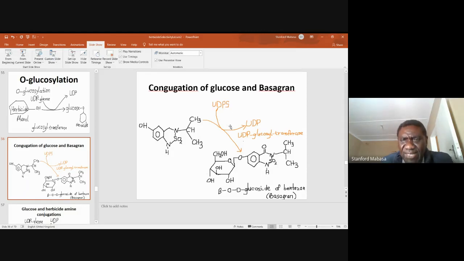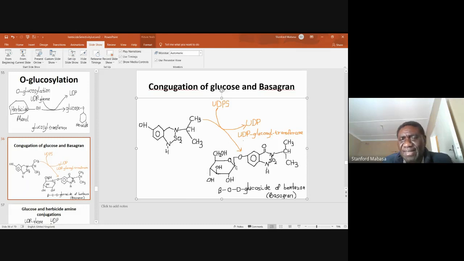What is going to happen is that UDPG will donate glucose to this entity of Basagran. Then they are going to form this structure, which is quite complicated, which is glucose O Basagran. And it's facilitated by UDP glycosyl transferase.